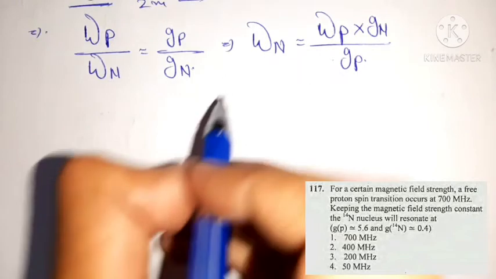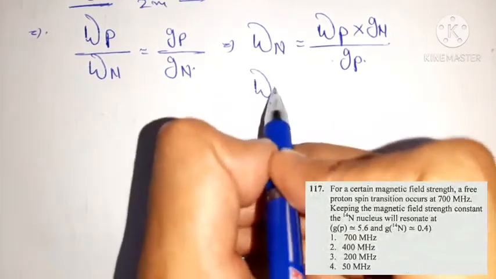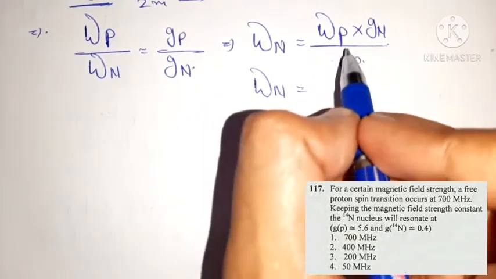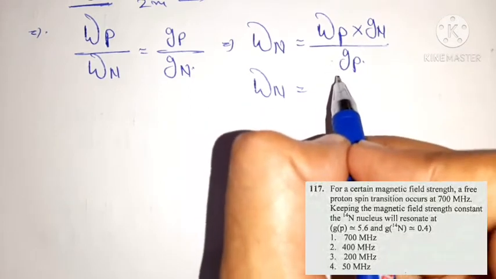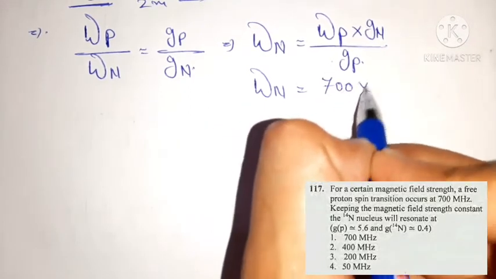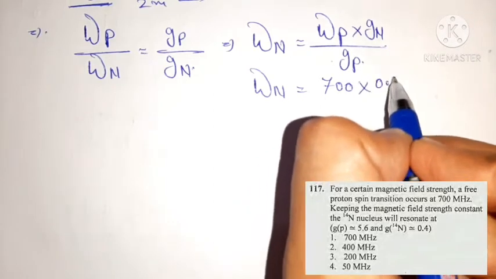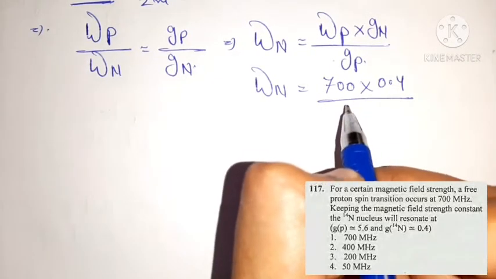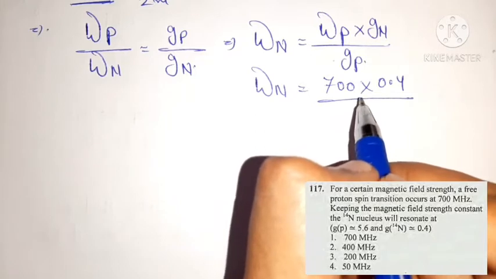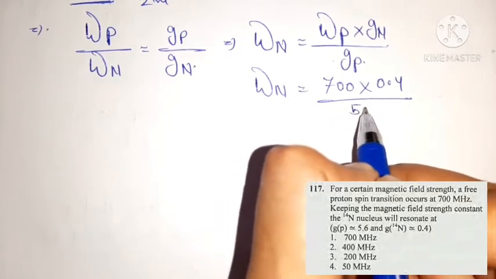The resonating frequency of proton is 700 megahertz and G value of nitrogen is 0.4, upon the G value of proton, which is 5.6.